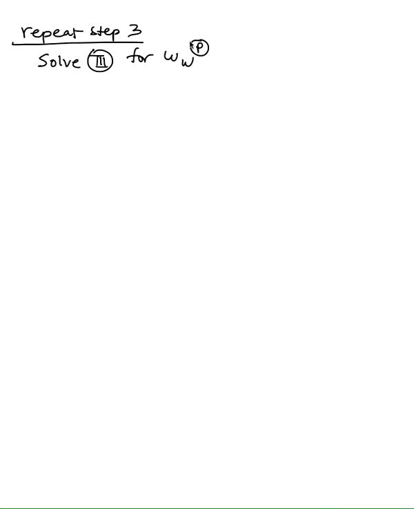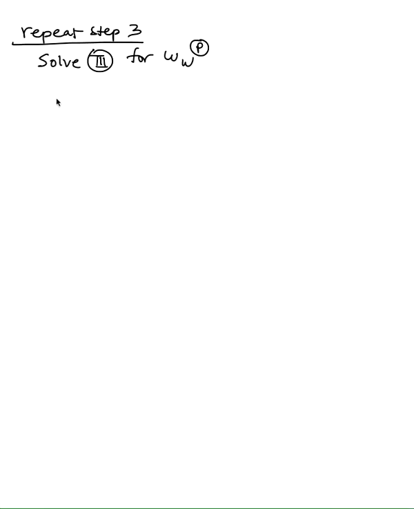Okay, so repeating step 3. Now we wanted to solve equation 3, and that's the one that I messed up, for the mass fraction of water in P. So now, when we rewrite that, it's 0.5 times 100, not 0.05.